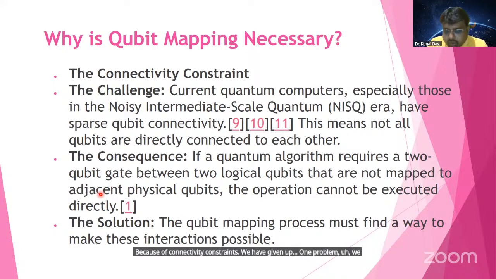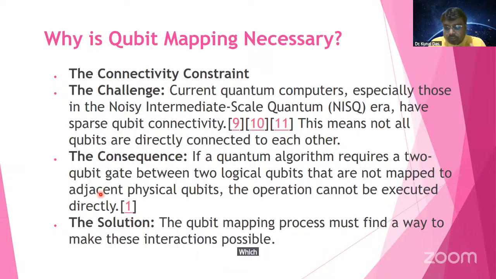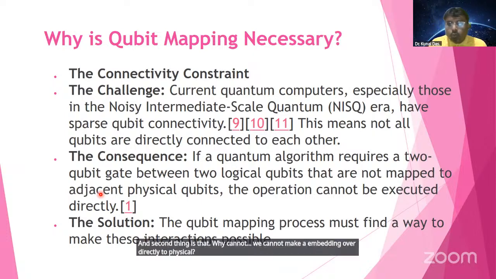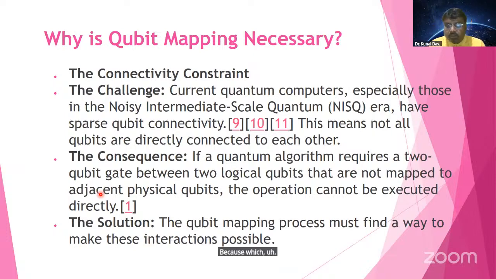We make a code with ideal qubit mapping, but it is no longer connected with your physical qubits. And second, why can we not make an embedding directly to physical? Because which NISQ device we will be using for this code, we don't know.